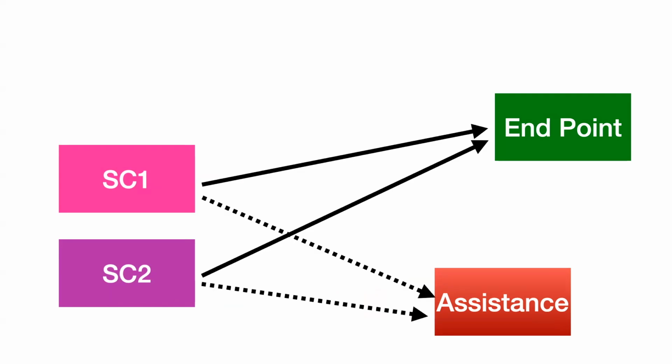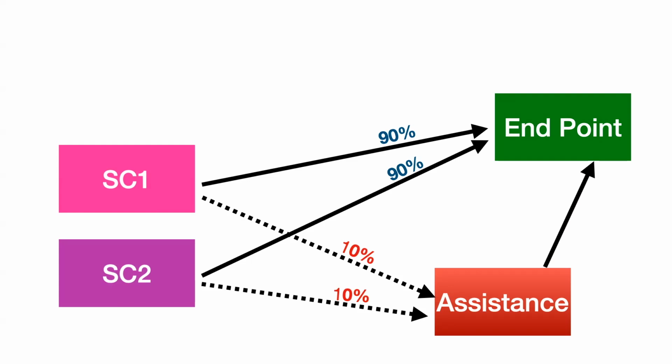And we know that 90% of customers will be successful with their transaction, and they can go straight forward from self-checkouts to the endpoint, where 10% of them will need some assistance, and they need to queue for the assistance before they can go to the endpoint, right?